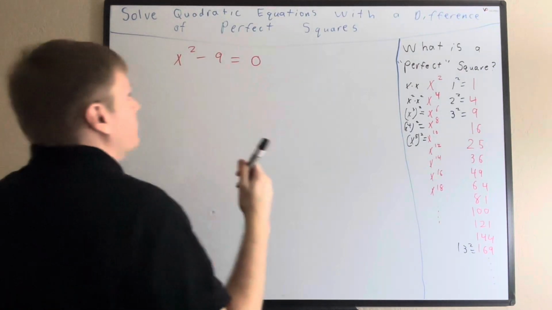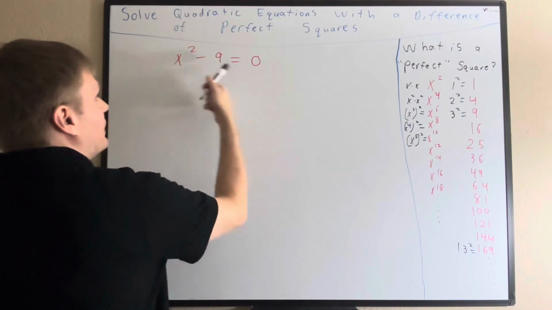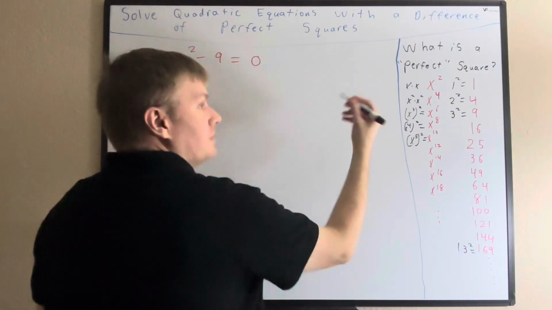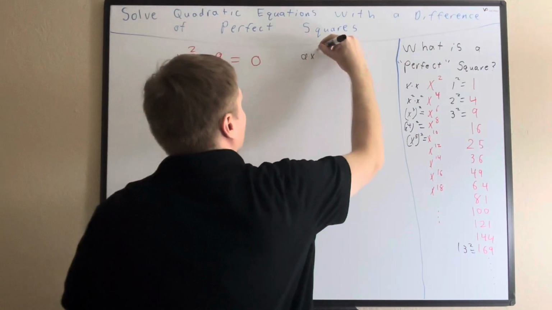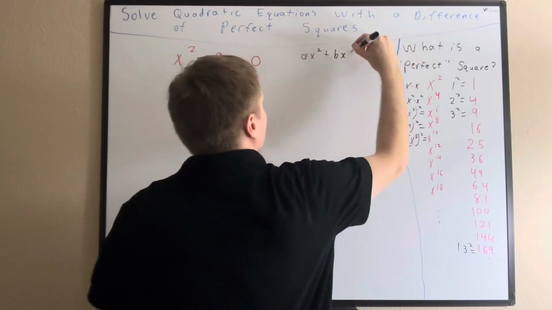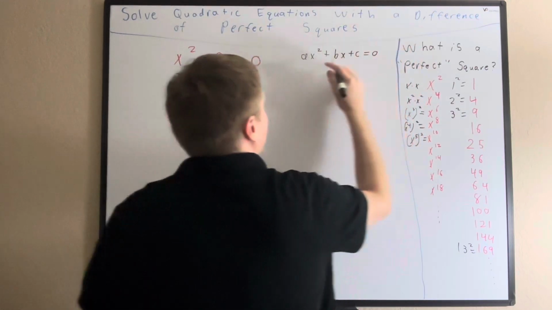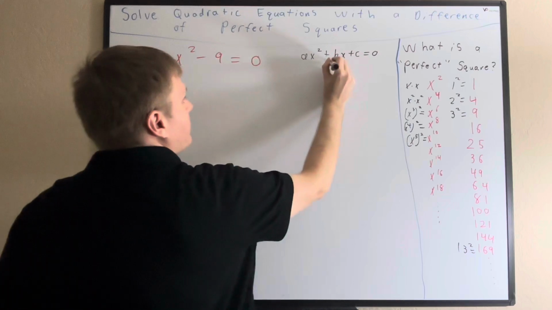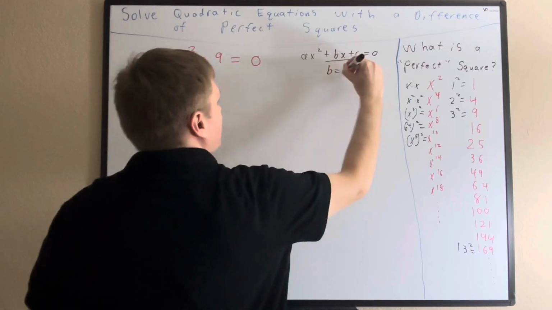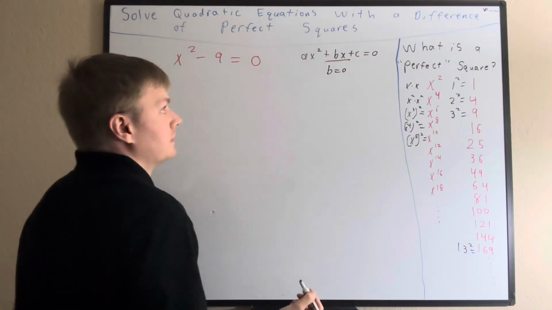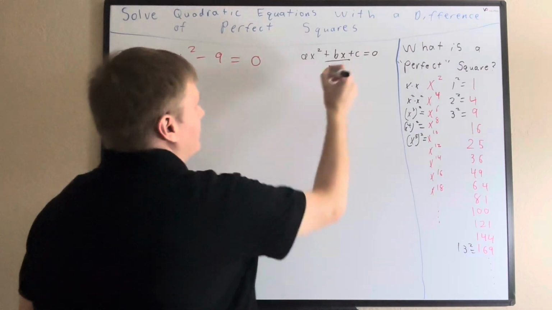Now, when we get a quadratic equation like this, there's the standard form, ax squared plus bx plus c equals 0. Well, there's no bx here. B equals 0 in this case. So there is a b, it's just b equals 0.